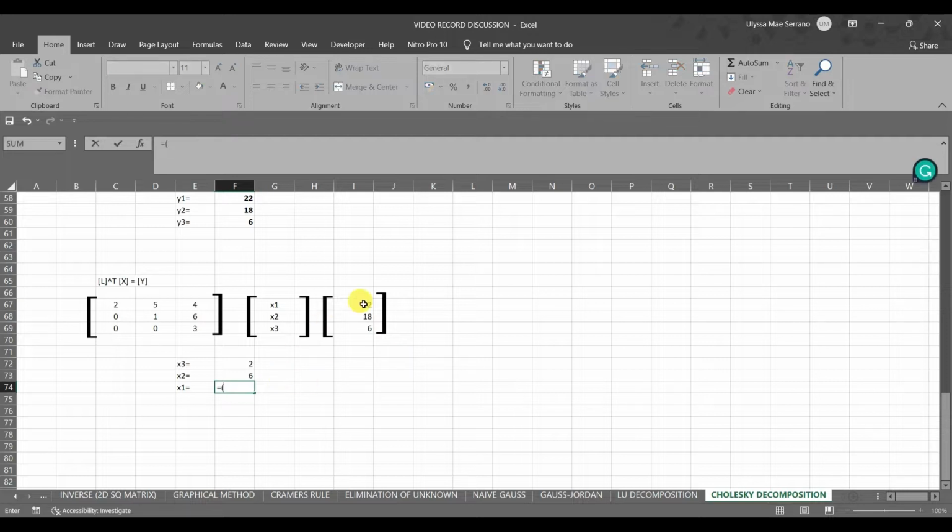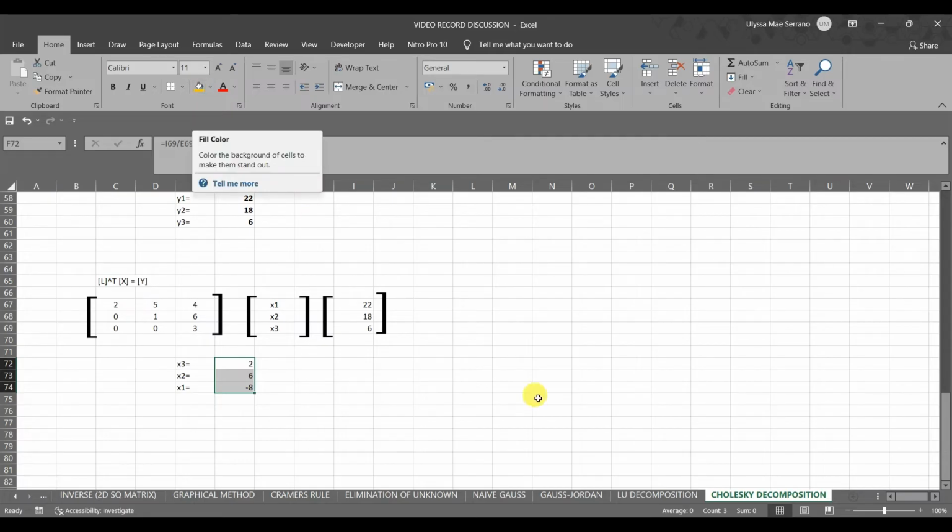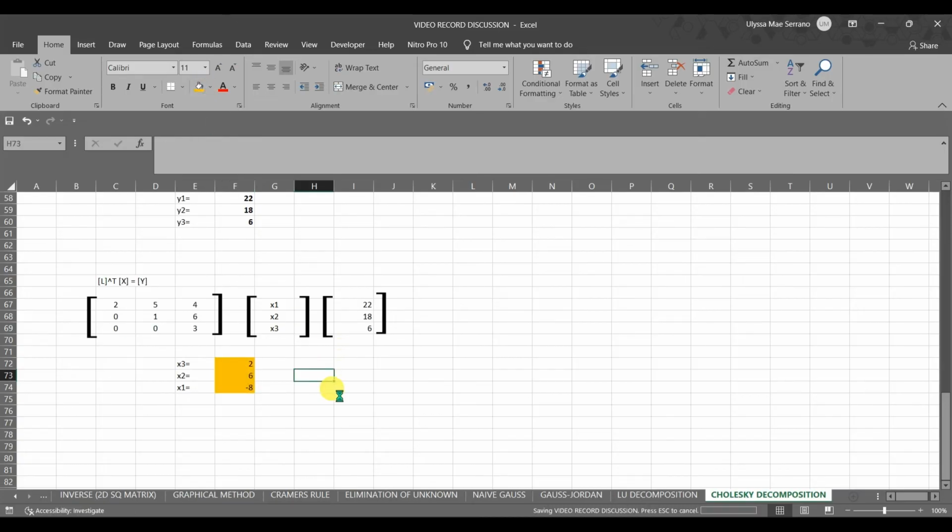For our x sub 1, this is simply 22 minus the product of the coefficient at x sub 3 times the value of x sub 3, minus the product of the coefficient of x sub 2 times x sub 2, divided by the coefficient of x sub 1, and we will be able to find the value of x sub 1. So therefore, this is how we use Excel in applying Cholesky decomposition and finding the values of x sub 3, x sub 2, and x sub 1.